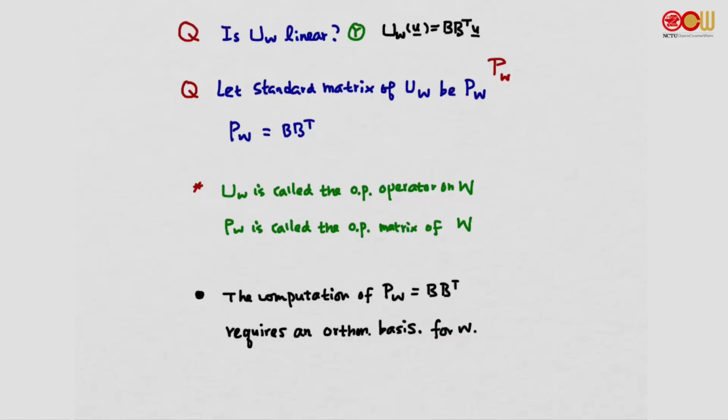The following theorem shows that we can find PW starting from a basis, just a basis. It doesn't have to be an orthonormal basis. From an arbitrary basis for W, we can obtain the orthogonal projection matrix.